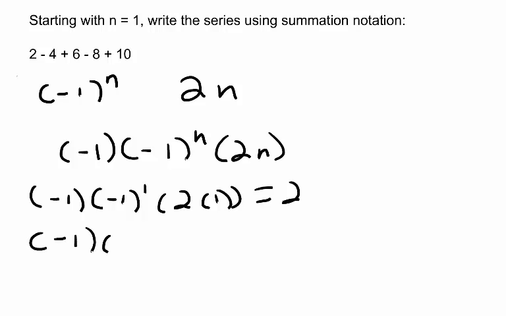Negative 1 times negative 1 squared times 2 times 2 in place of n gives us negative 4. We could continue plugging in values for n, and we would find that this formula works for the series. That is, negative 1 times negative 1 to the n times 2n.